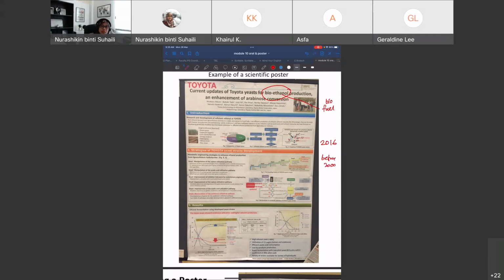The Japanese vehicle companies thought about biotech long before we thought about it. It's very interesting lah.